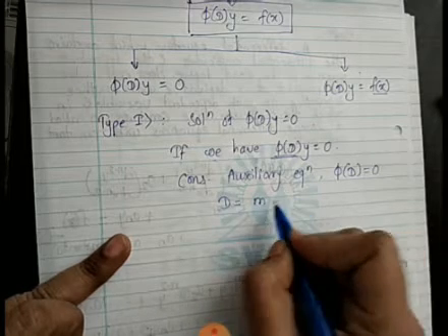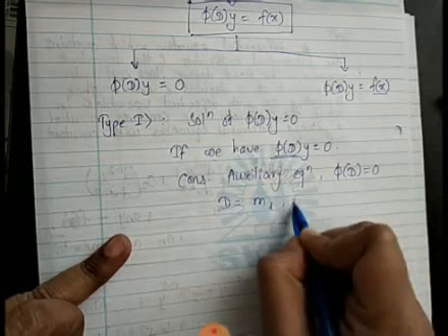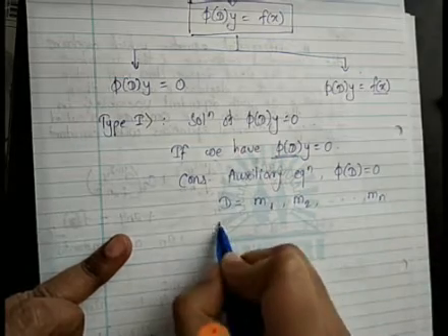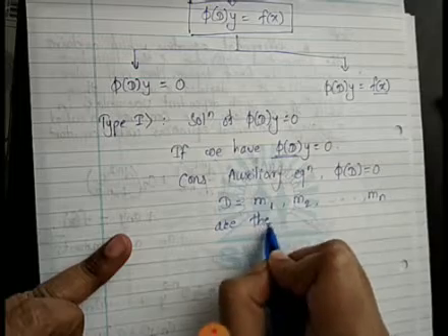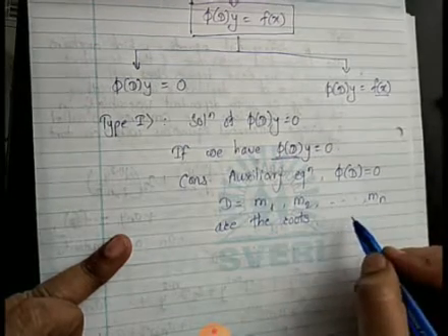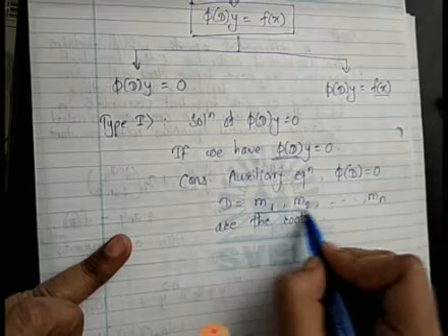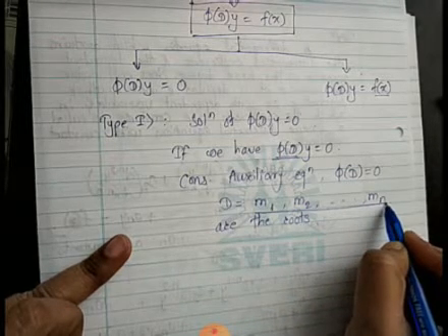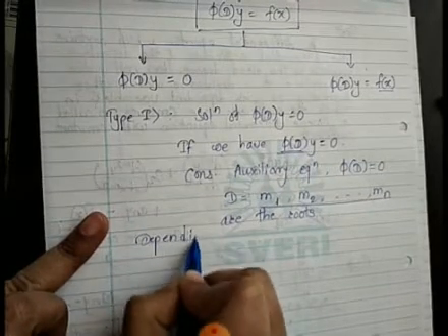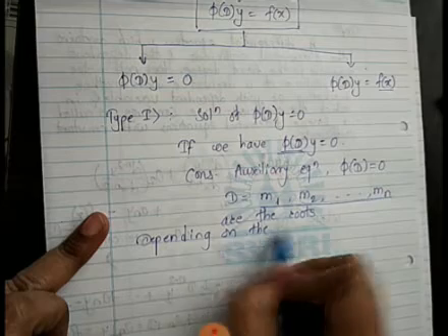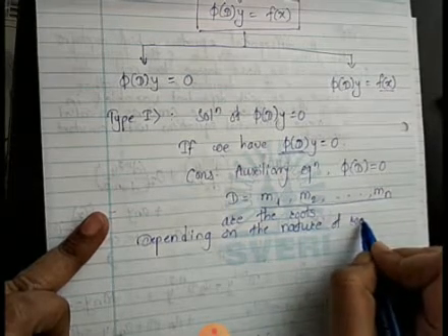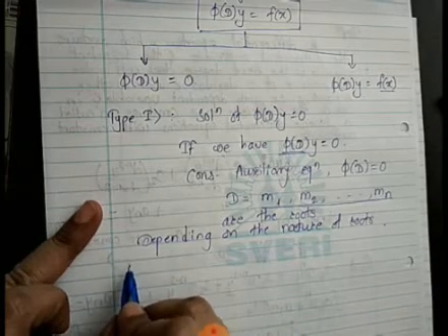So if m1, m2, and so on, mn are the roots, and there are n such roots to this equation, then depending on the nature of the roots, there are 4 types of solutions.